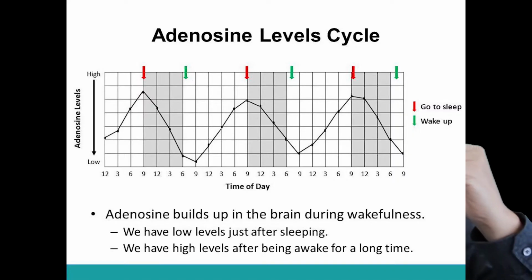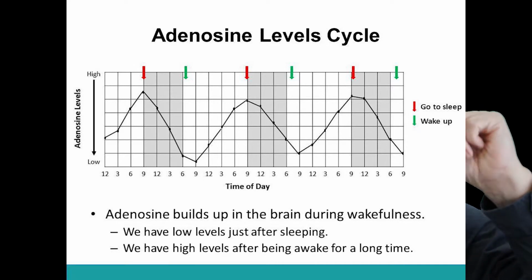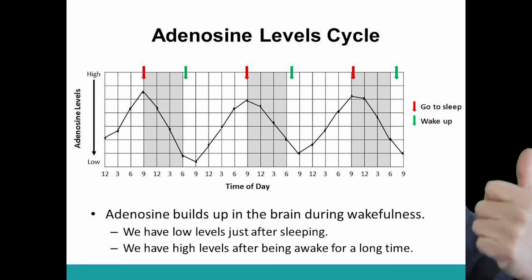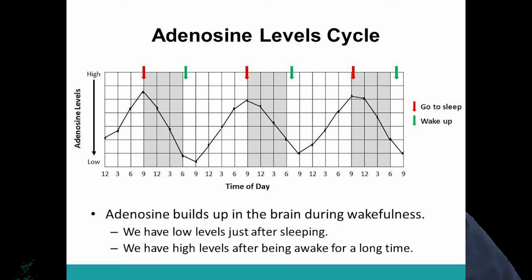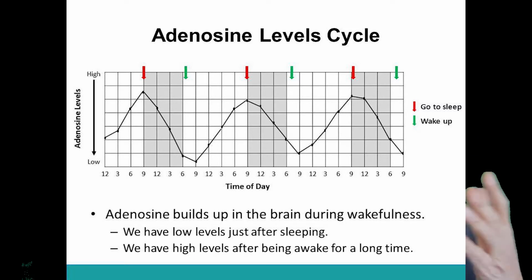Imagine one of those old clocks with the sand in it, and the sand drips down. This adenosine gets stored in certain receptor sites in your brain, and when it reaches a certain level, it triggers your body to start getting tired, to wind down, to feel fatigued and drowsy so that you can sleep.